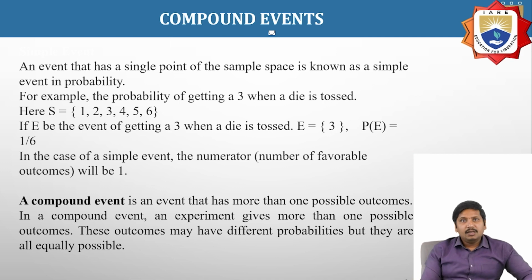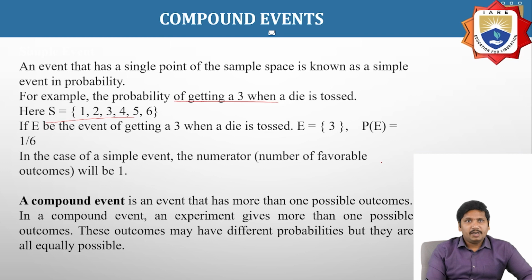that occur as a single point of the sample space are known as simple events. For example, consider the probability of getting a 3 when a die is tossed. So S is equal to {1, 2, 3, 4, 5, 6}, and E is the event of getting a 3 when the die is tossed.